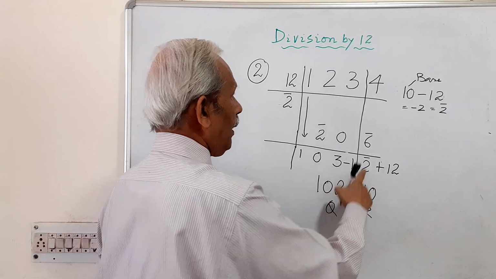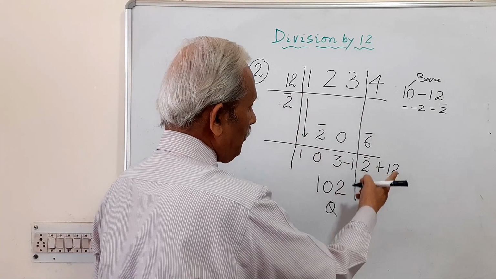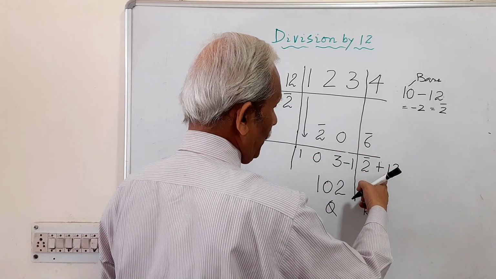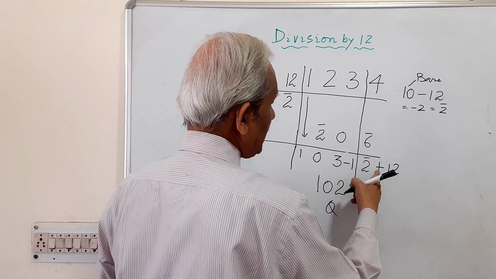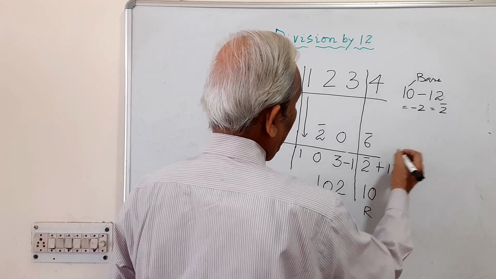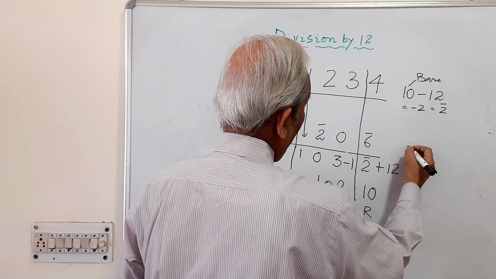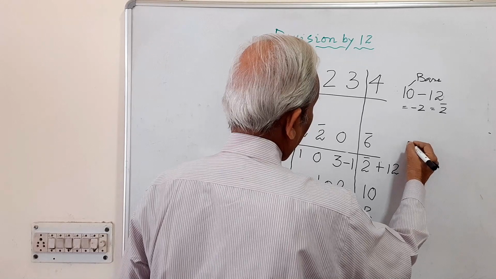Wherever the remainder is negative, add the divider one time, maybe 2 times, doesn't matter. If you add 24 here, means 2 times it goes. 2 times if it is needed. Say for example, here the answer is say 13 bar.